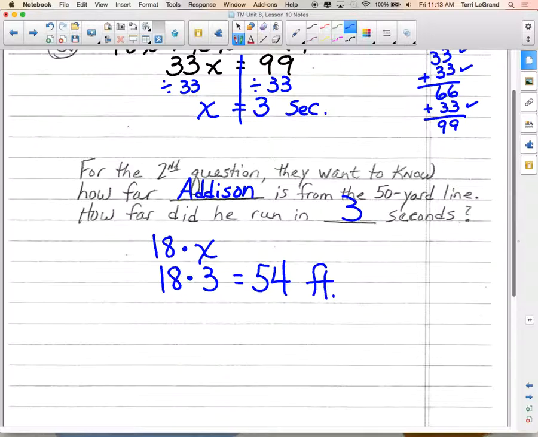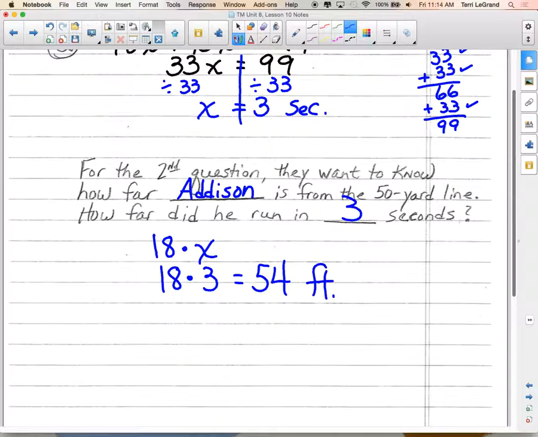Okay? Should it be more than half? Why should Addison run more than half the distance? Tyler? Because he's running 18 feet per second. He's running faster, isn't he? So we can feel pretty confident that we have a pretty good answer here.